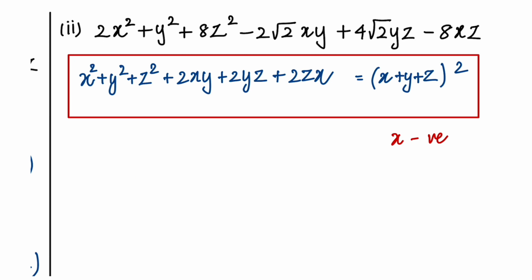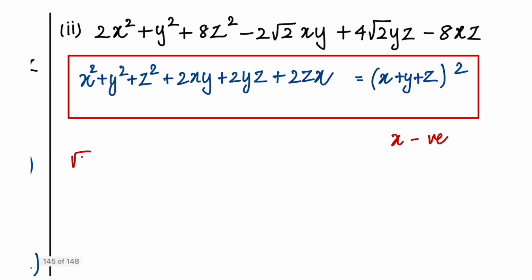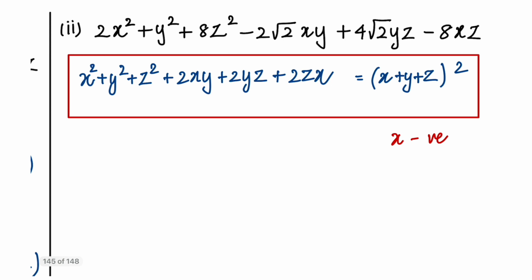Now with that, we are going to start to solve this. The first term here is 2x squared, and I'll convert to blue. This can be written as root 2x the whole square. I know 2 is not a perfect square number, but why am I using root 2 here?